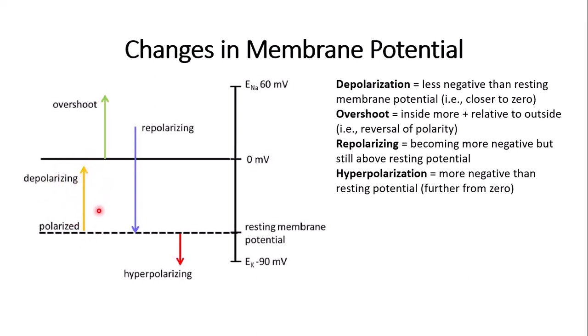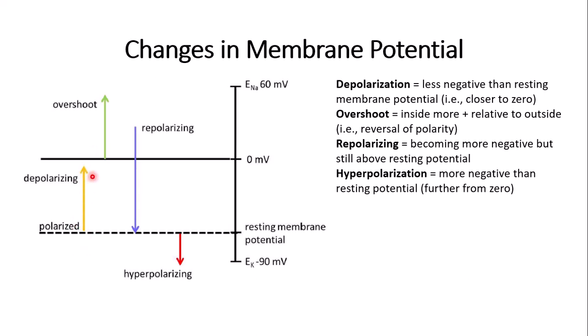Now let's assume a circumstance where sodium channels suddenly open in the cell. Since the sodium gradient is high outside and low inside, sodium starts flowing from outside to inside the cell, and this flow of positive ions causes the cell to become more positive.